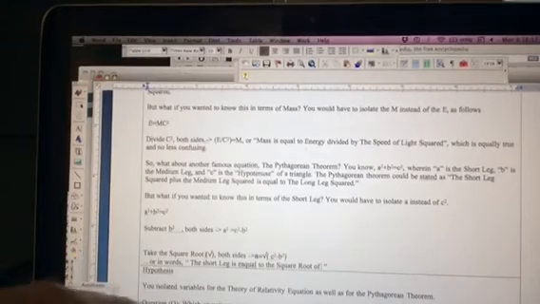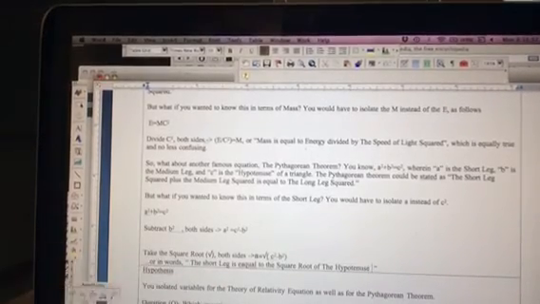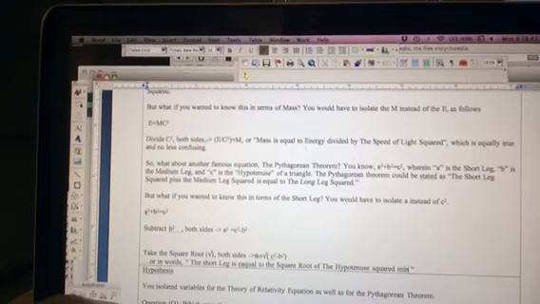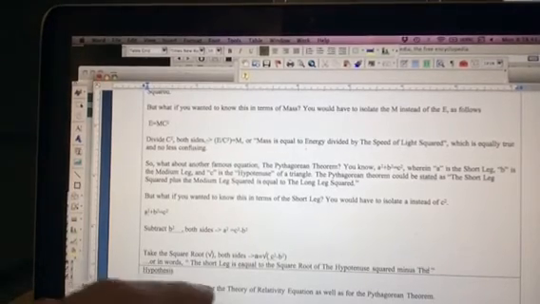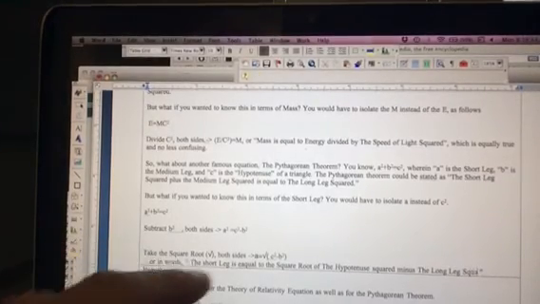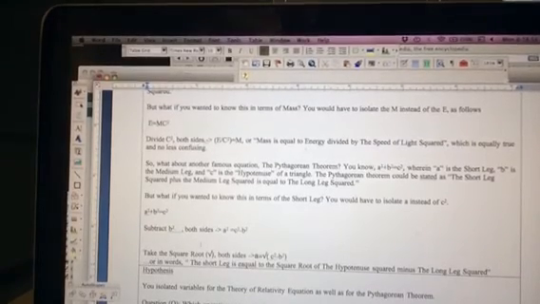C is the hypotenuse, so it's the hypotenuse squared minus the, this is b, so that would be the long leg squared. And that would be our quote for how to find a in the Pythagorean theorem.